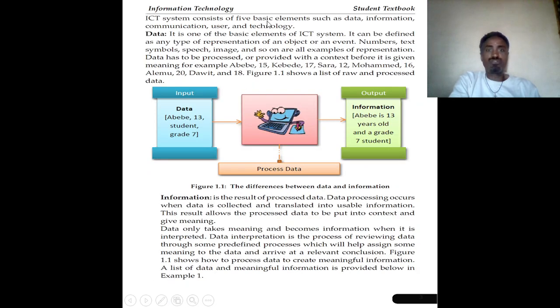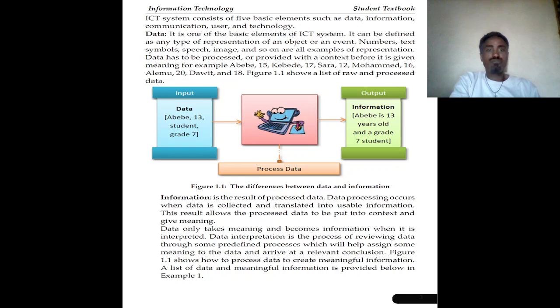ICT system consists of 5 basic elements: data, information, communication, user, and technology. When we say system, it is a set of related parts working together for some purpose, with their own goals. For instance, in the human body, there are digestive systems and circulatory systems.